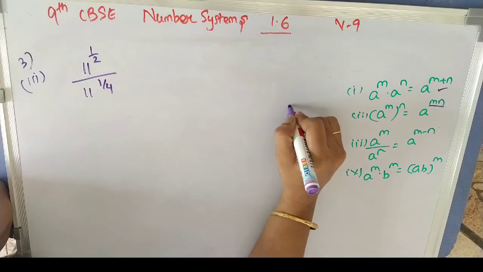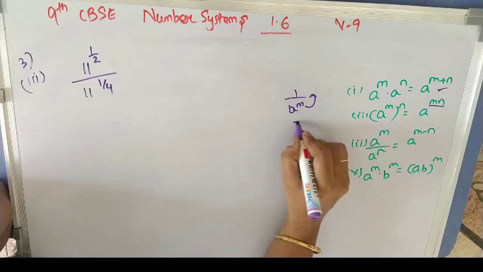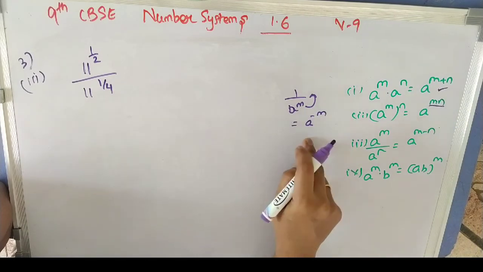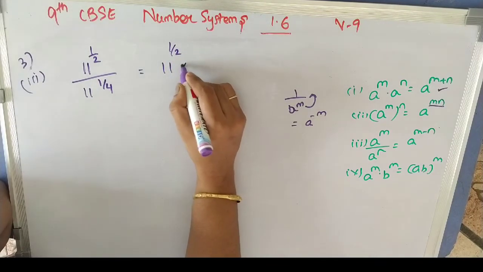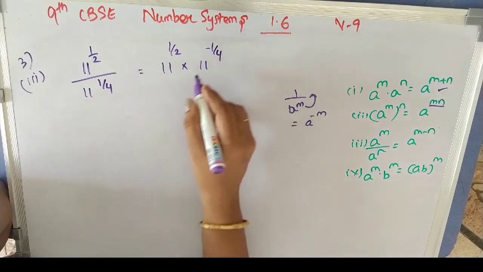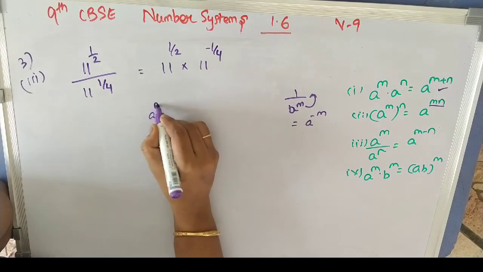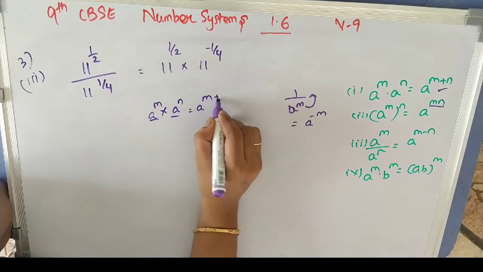11 power 1 by 2 by 11 power 1 by 3. This looks like a power m by a power n, and we get a power m minus n. But how do we get that minus n? Because we take the denominator to the numerator and we get minus n. So a power m by a power n is equal to a power m minus n.